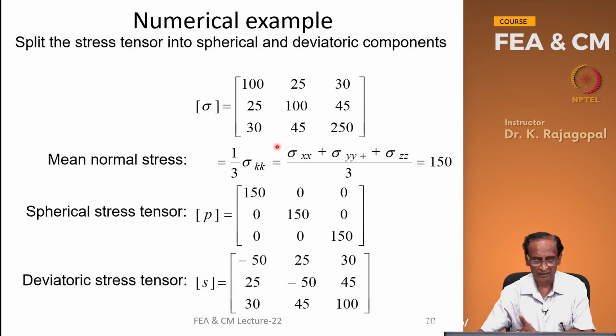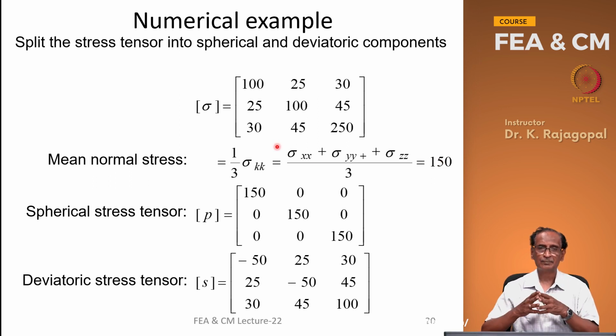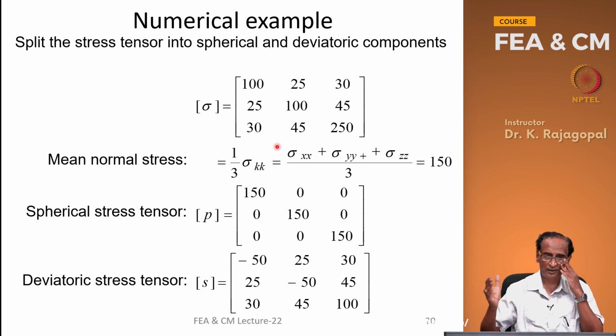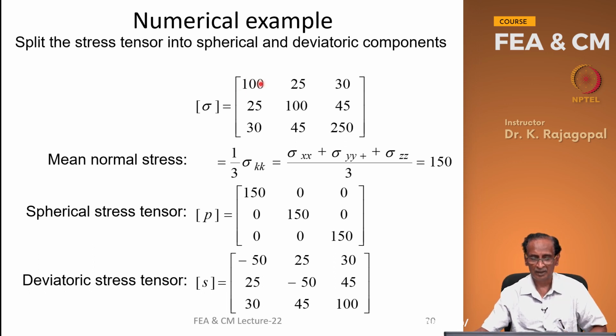Actually, even before you calculate, you can say that the sum total of the 3 principal stresses, sigma 1 plus sigma 2 plus sigma 3, is equal to 450, because that is an invariant and is not going to change.